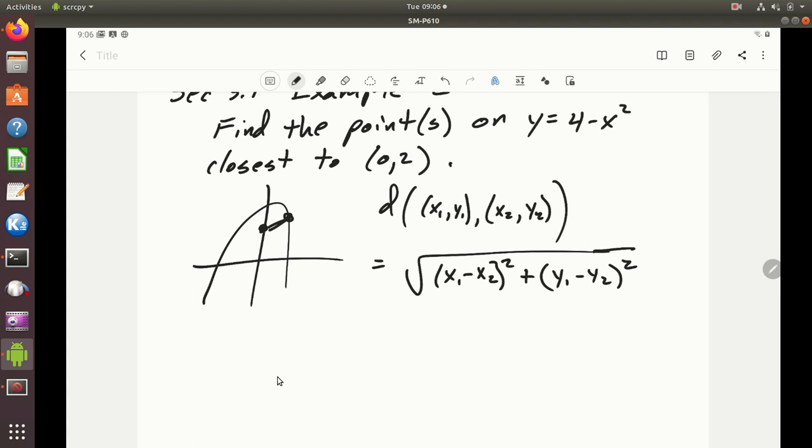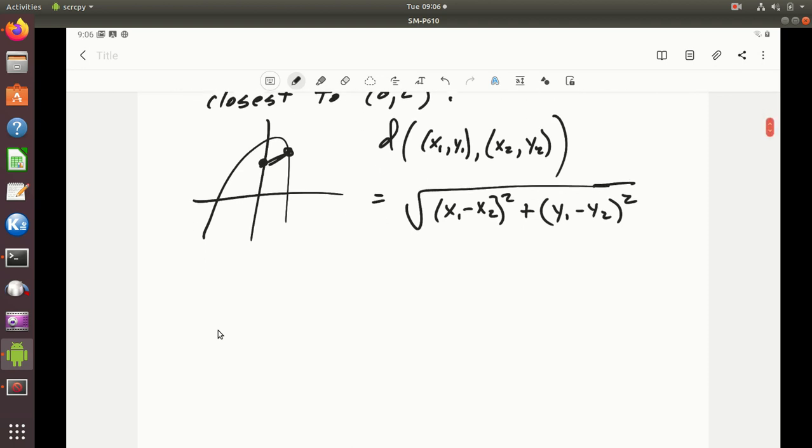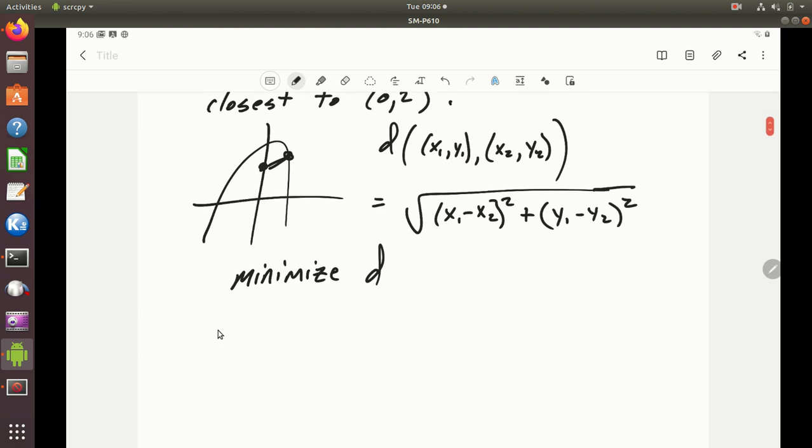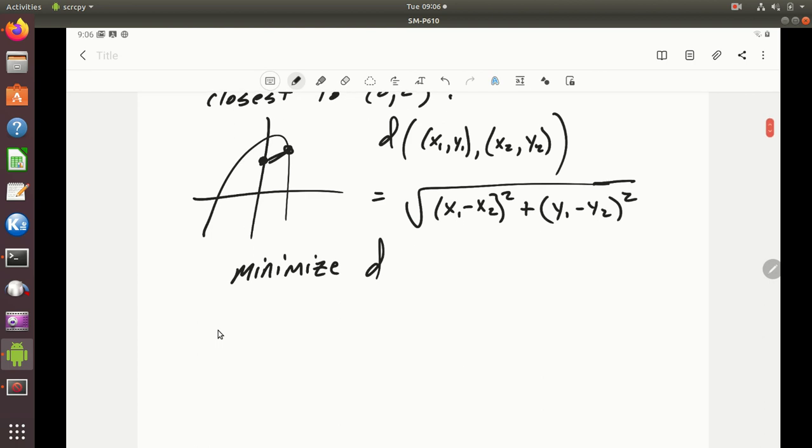Okay, now they do mention this. I was looking to see if they do talk about this. In the end, what we want to do is minimize D. But here's the thing: it looks like that square root's going to be really nasty to work with because we've got the squares under there.